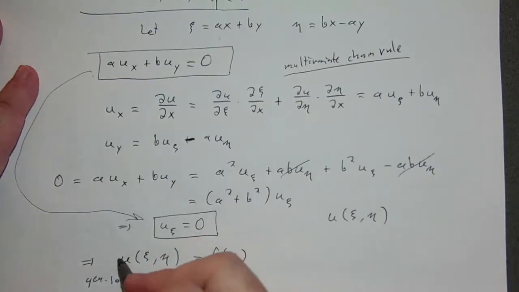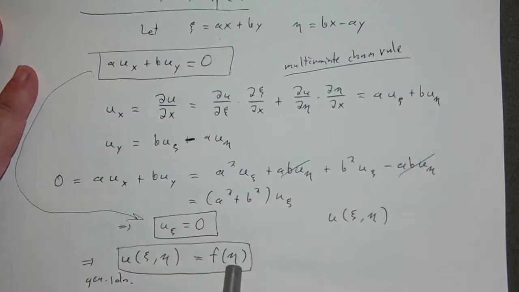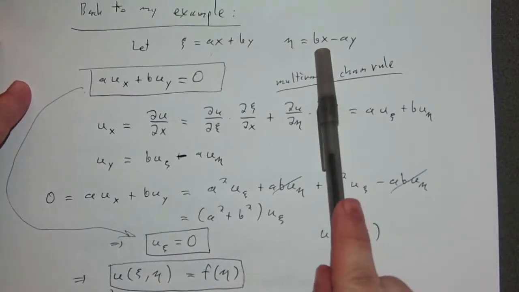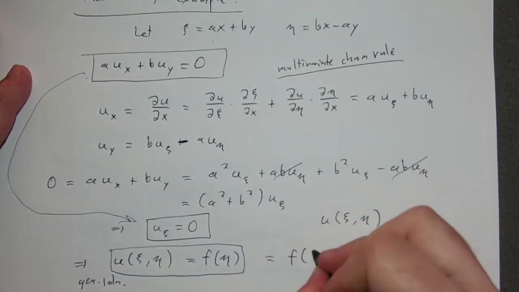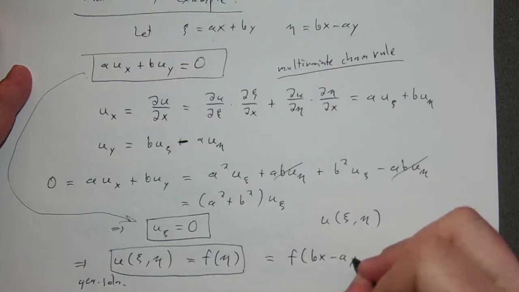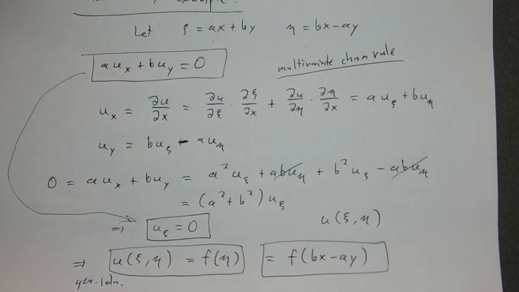But wait, what is η? It's bx minus ay. And so this is f of bx minus ay. So in terms of the original independent variables, this is the exact same thing that we found the normal way, right?